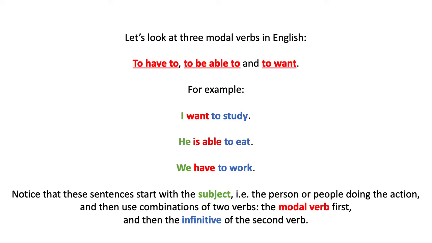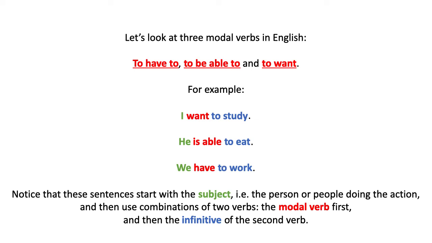So in a sentence that uses a modal verb, you conjugate only one of the two verbs, and that's the modal verb, okay? The structure is as follows. Subject followed by a conjugated modal verb followed by the infinitive of the main verb, okay? That's the way it works in English.